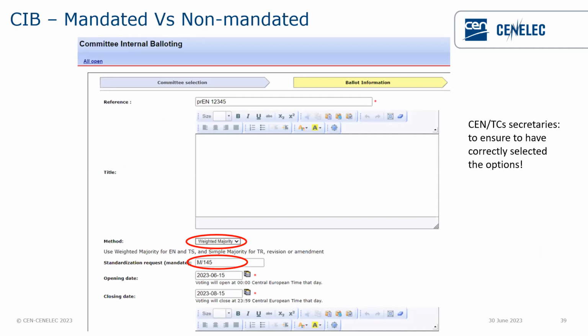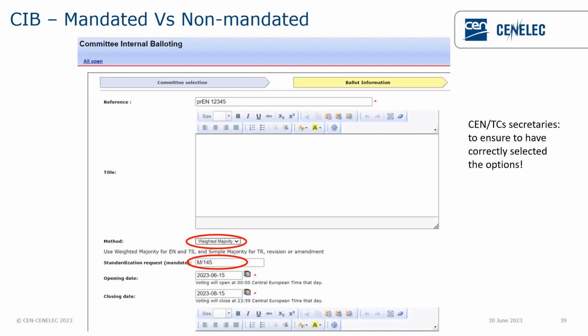So CIB is the tool that is used by the CEN TC secretaries to launch the approval of a new work item. It is important that the CEN TC secretary ensures to correctly select the options weighted majority or simple majority.